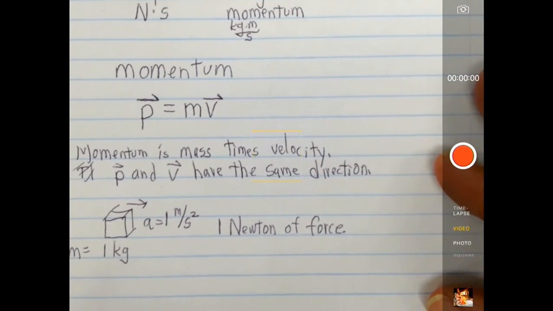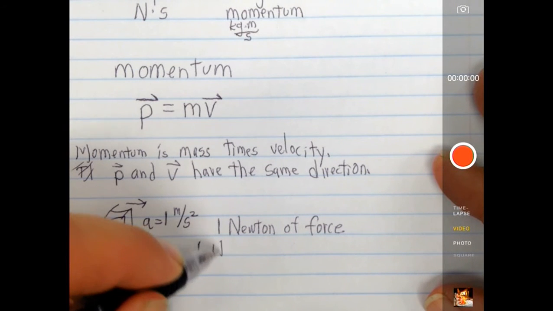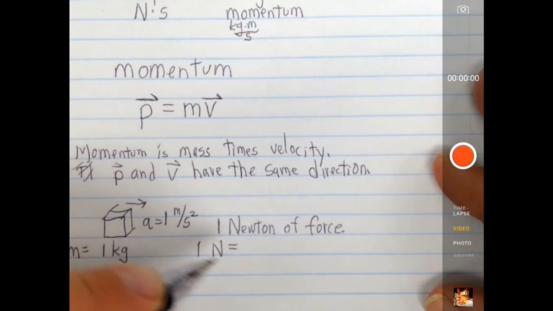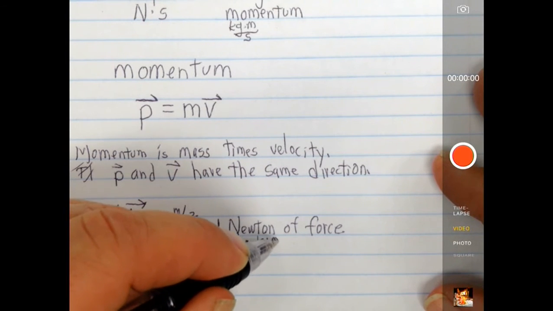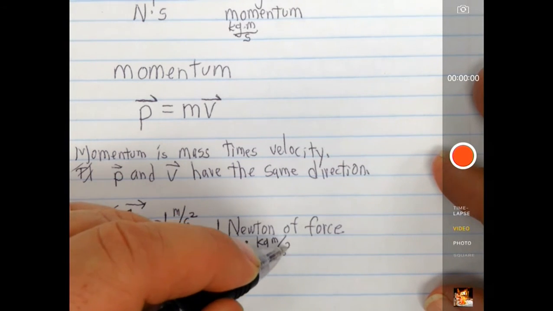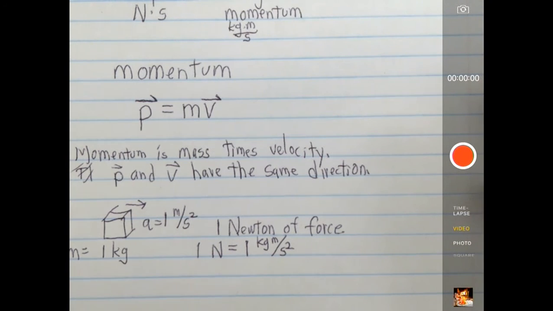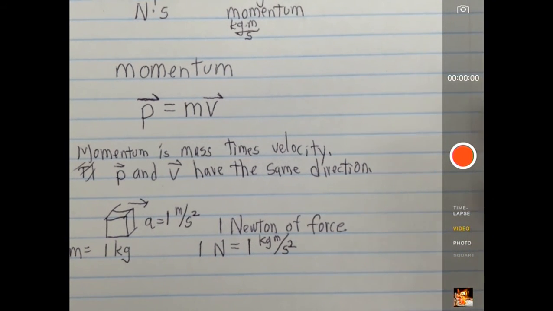In other words, 1 Newton is defined as 1 kilogram meter per second squared, mass times acceleration. A Newton of force is 1 kilogram meter per second squared.